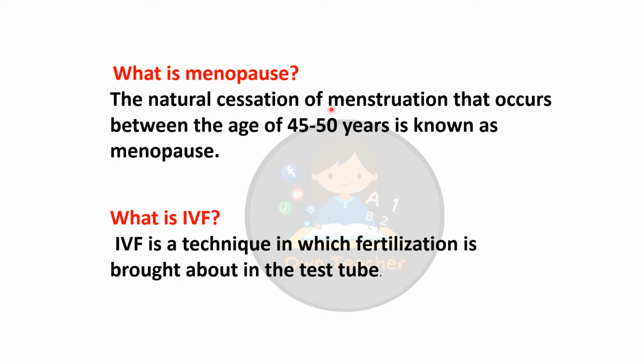The natural cessation of menstruation that occurs between the age of 45 to 50 years is known as menopause. What is IVF? IVF is a technique in which fertilization is brought about in the test tube.